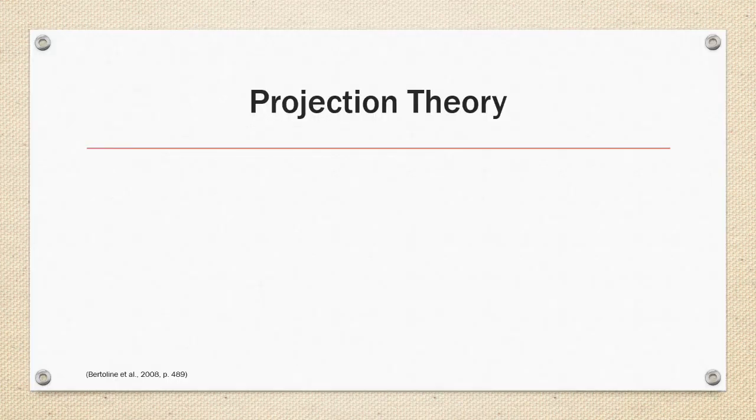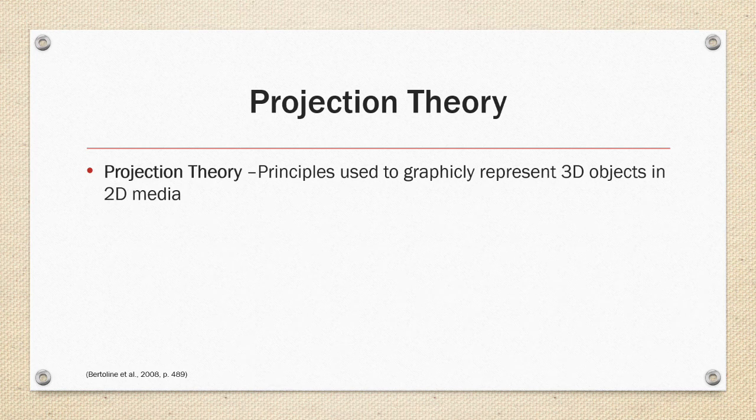Technical drawings are based on the theory of projecting three-dimensional objects in two-dimensional media, such as paper drawings, or two-dimensional graphics, such as found in a 2D PDF document file. There are two primary concepts that are common between all projection theory drawing techniques.